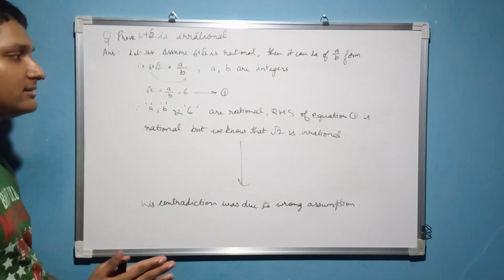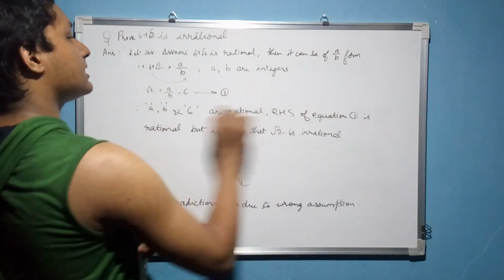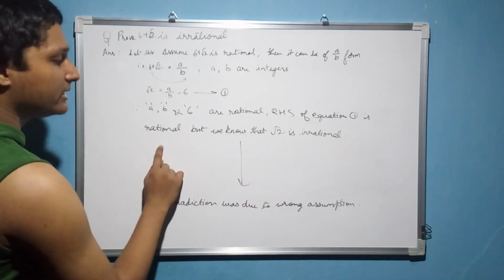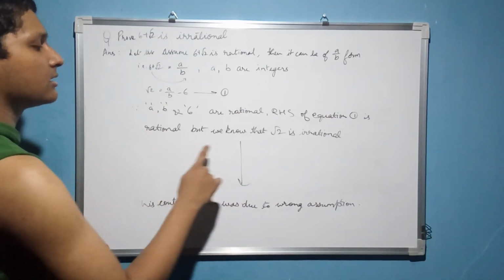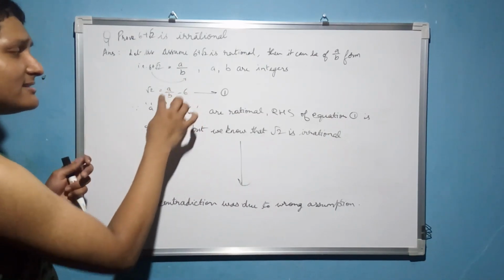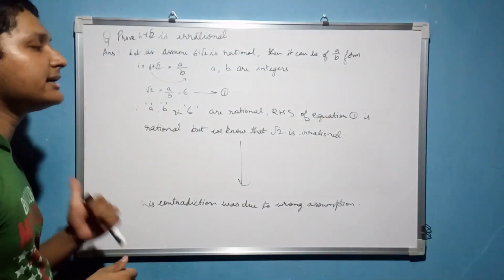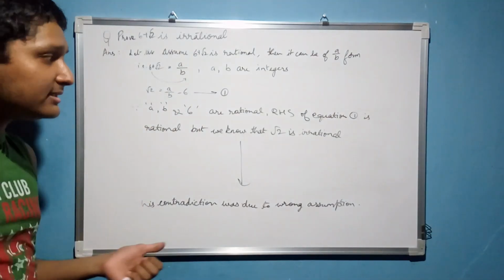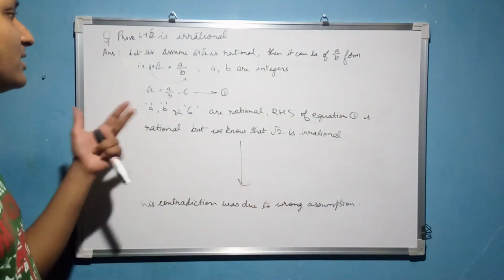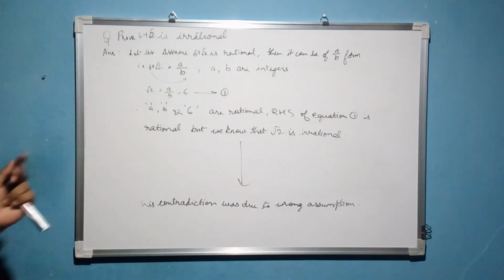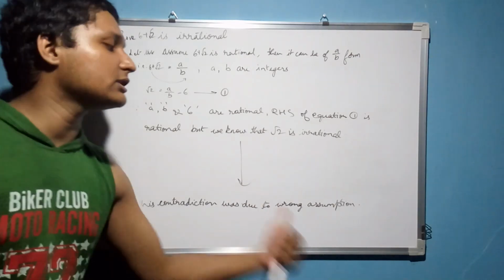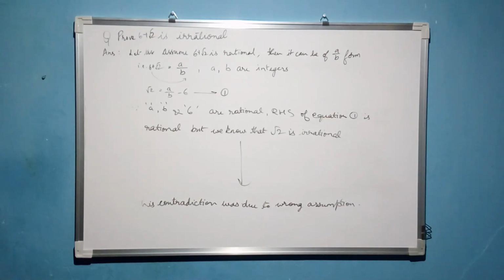It cannot be irrational. So the RHS of this equation becomes rational only. But if the right hand side was rational, the left hand side also should be rational. But we know that root 2 is irrational. So why has this contradiction come? This contradiction was due to the wrong assumption. That's it. Thank you.